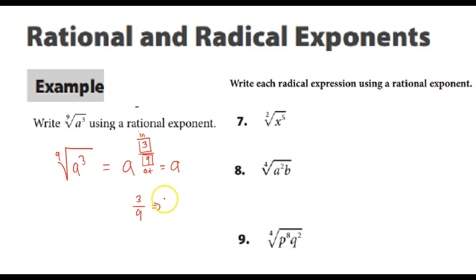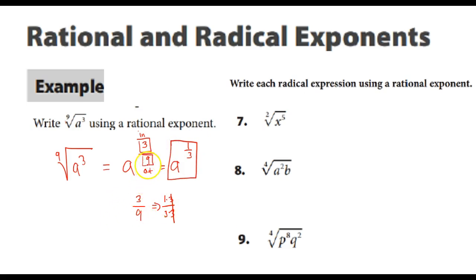I could write this out as 1 times 3 and 3 times 3. As I can see, the 3's cancel out and I'm left with 1 over 3. So that's a to the 1/3 power.